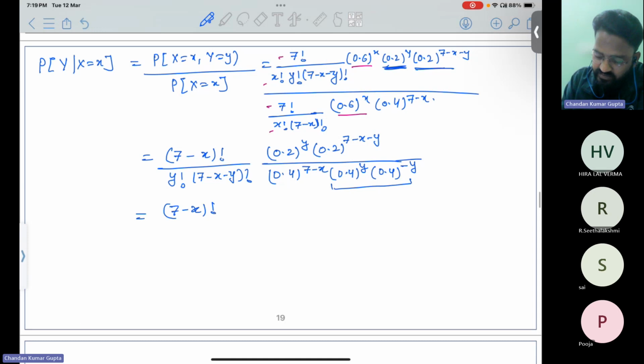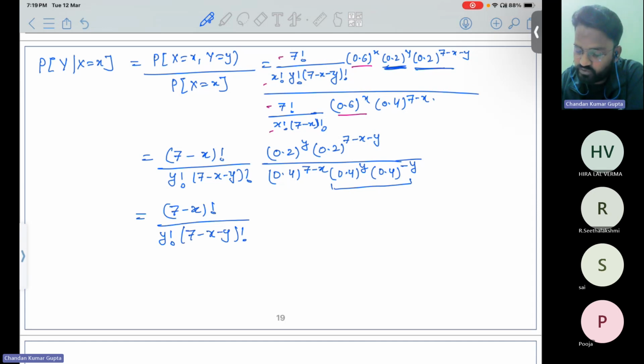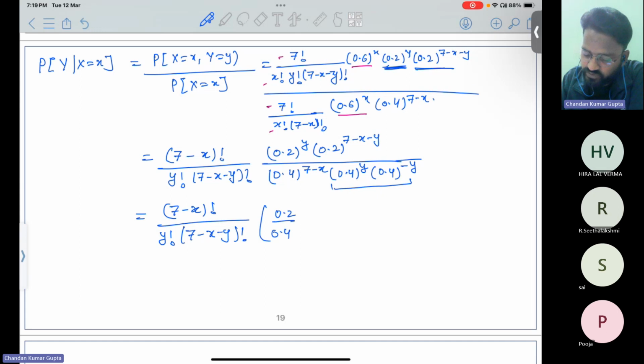7 minus x factorial over y factorial, 7 minus x minus y factorial. The numerator part is 0.2 to the power y and 0.4 to the power y, so that means 0.2 upon 0.4 to the power y, and the rest is 0.2 upon 0.4 to the power 7 minus x minus y.